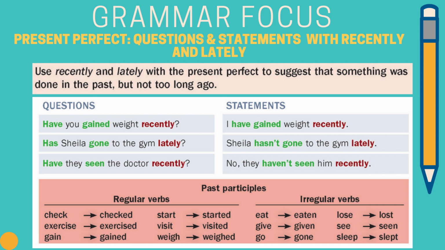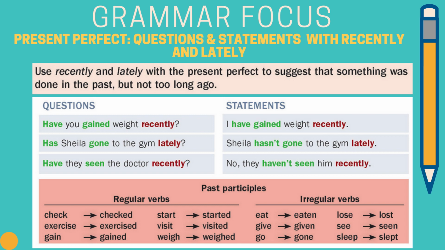So now that we've talked about the past participle, let's go back up and look at the questions and the statements. We're going to start questions with either the word have or has based on the pronoun that follows it.